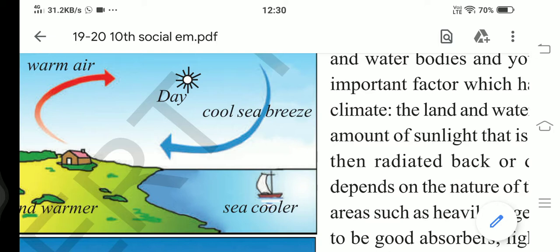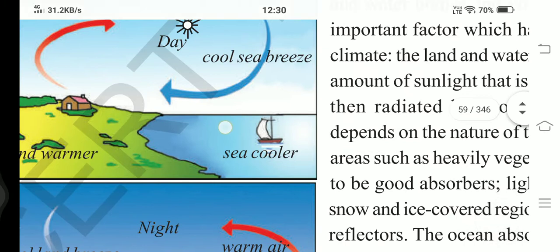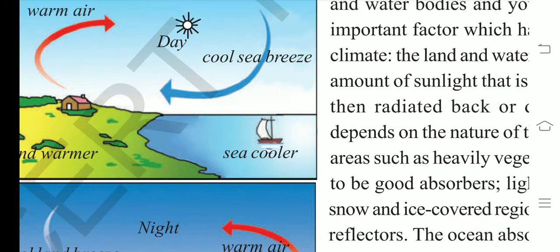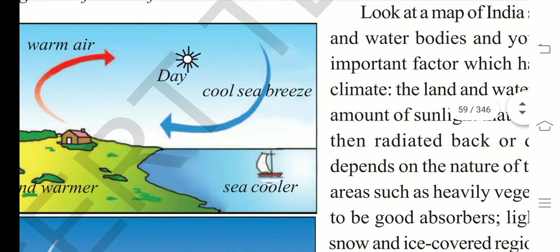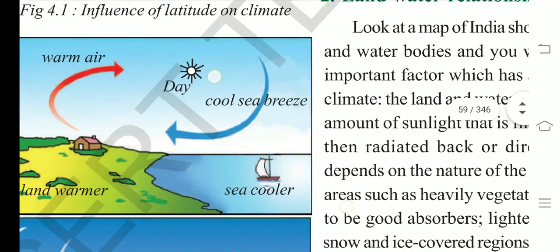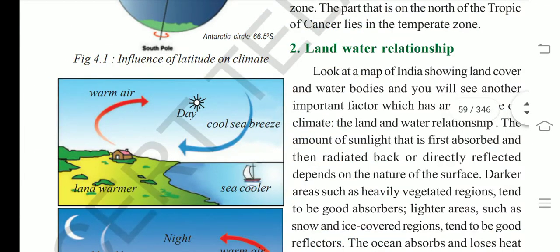There won't be much difference in temperature throughout the year, whether it is summer, winter or the cold season. The temperature differences will be very small throughout the year. In all seasons, the temperatures will be more or less equal.